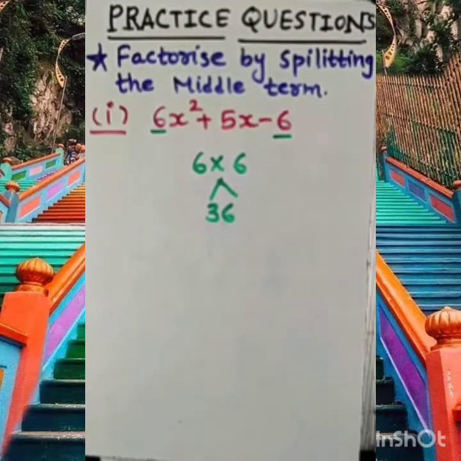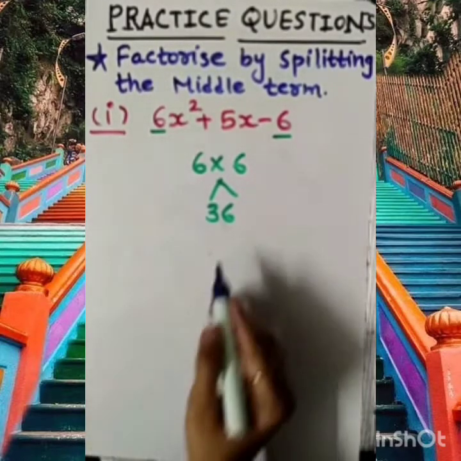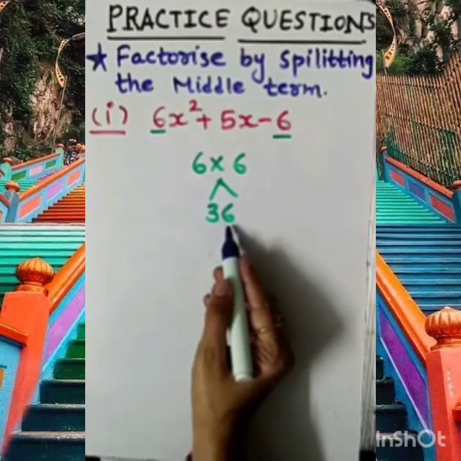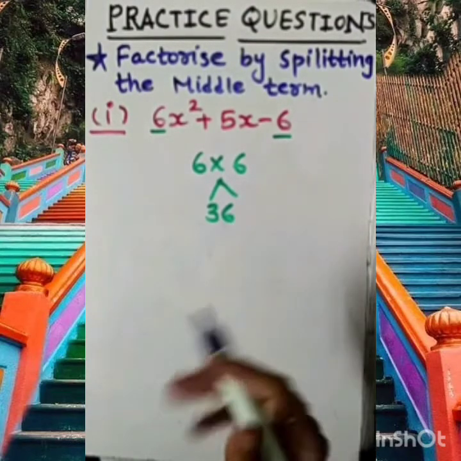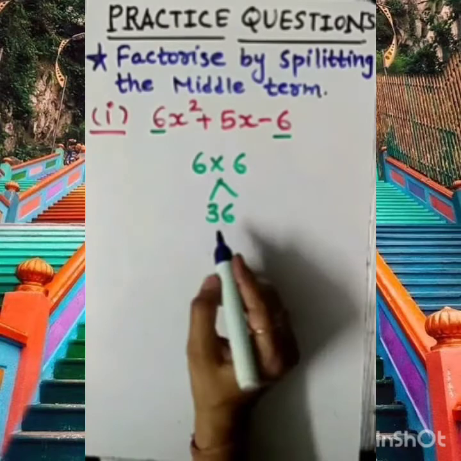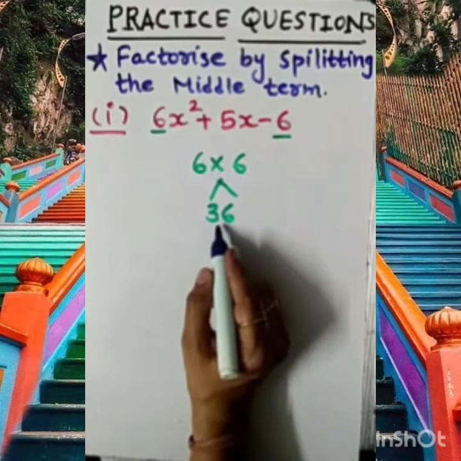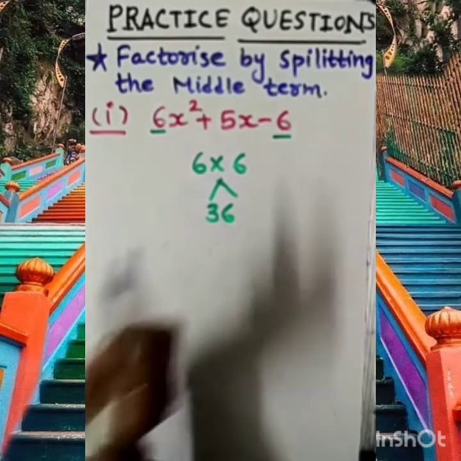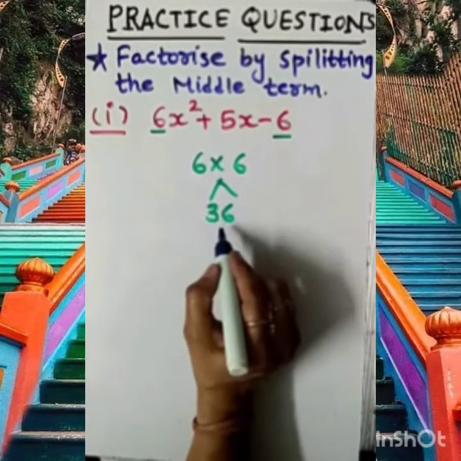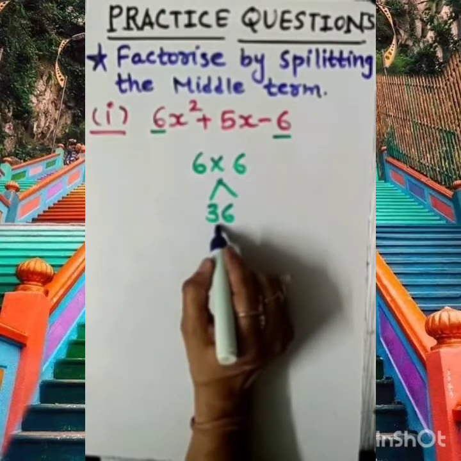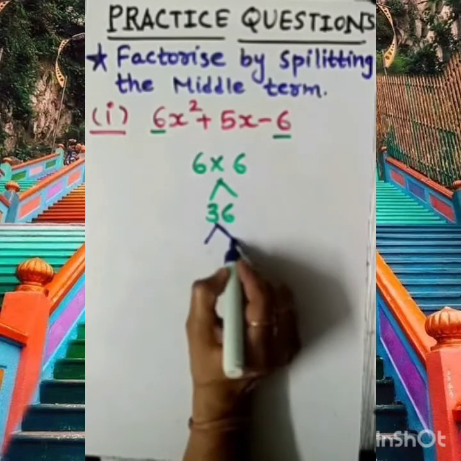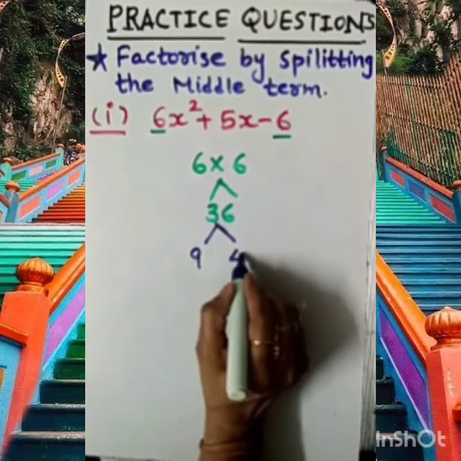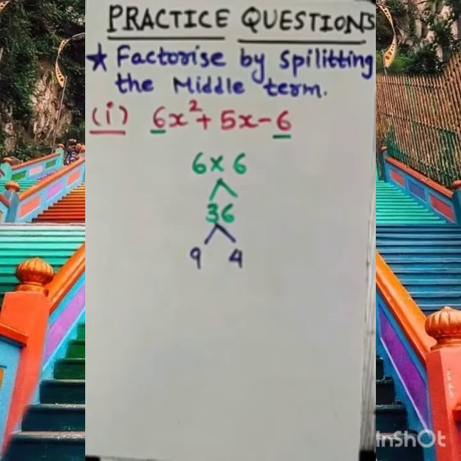We choose a pair of factors of 36 in such a way that the middle term should be 5. I have chosen 9 and 4.